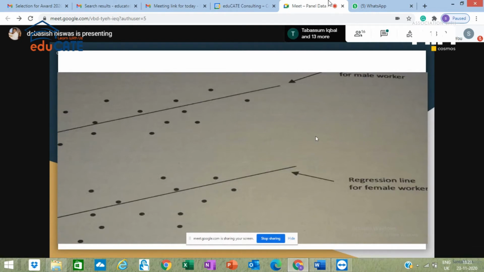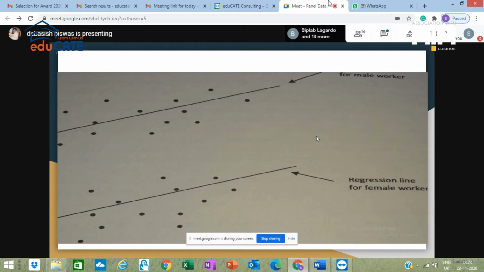So here, what we are assuming, there are two types of workers. One is male worker, another one is female worker. So male worker is one cross-sectional unit, and female worker is another cross-sectional unit. Clear?